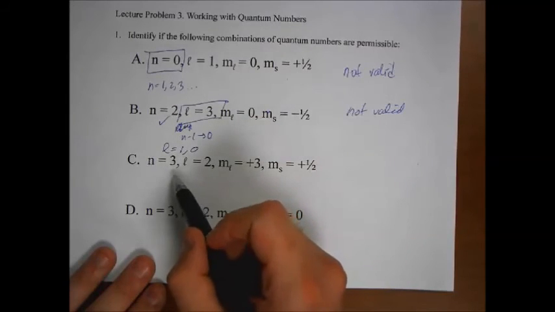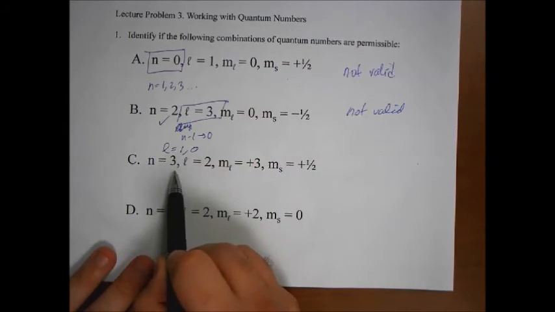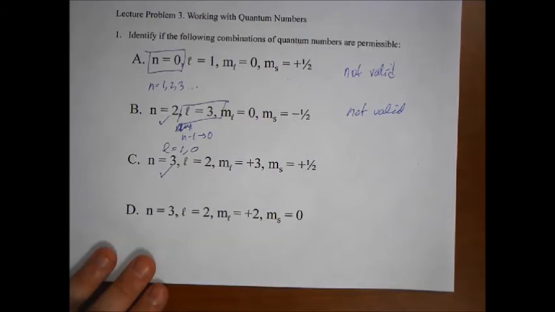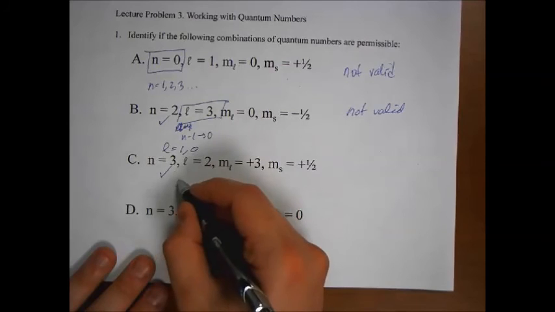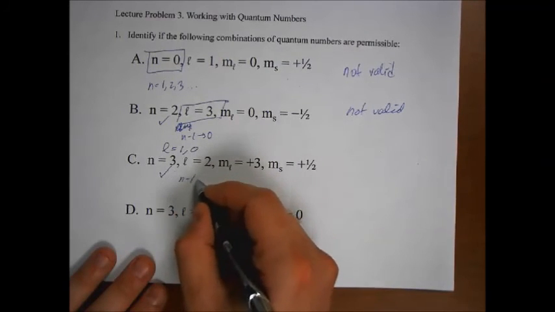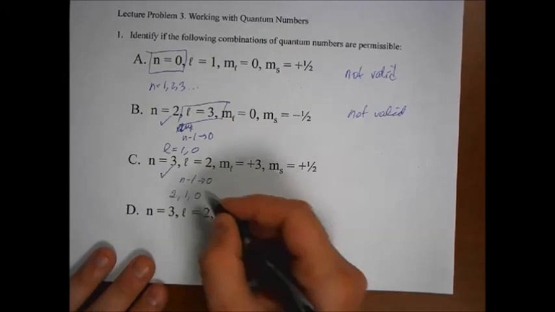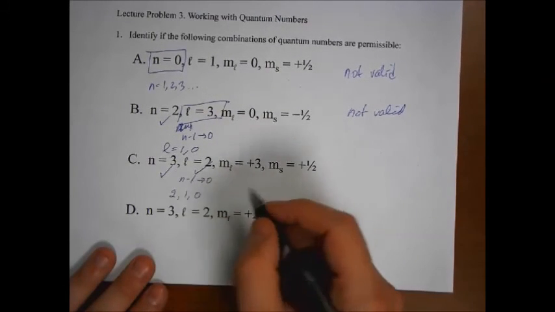Now let's look at the next one. n is equal to 3. Well, this is okay, because it is an integer value greater than 0. So let's look at the possible L's. L is going to equal n minus 1 through 0, so in this case we should be able to get 2, 1, and 0. So this one's okay.